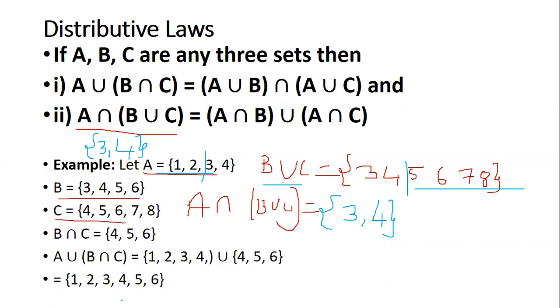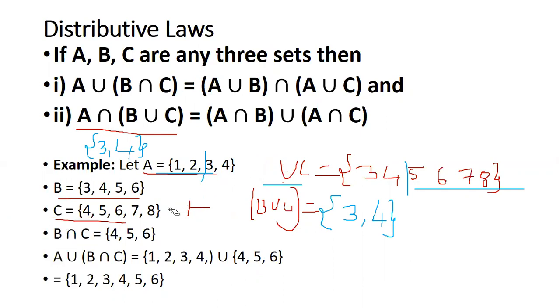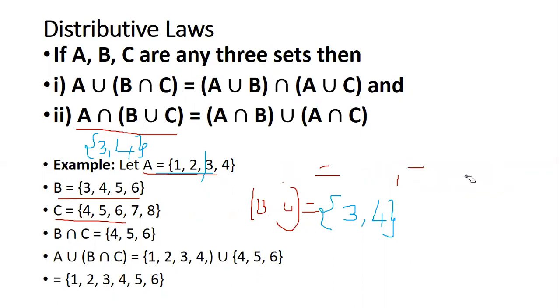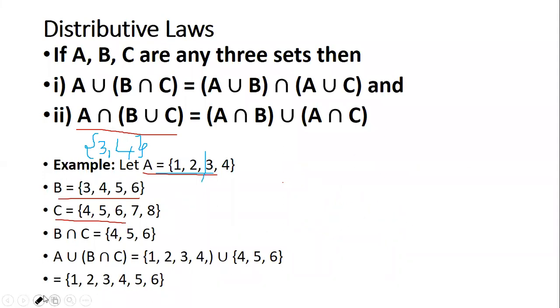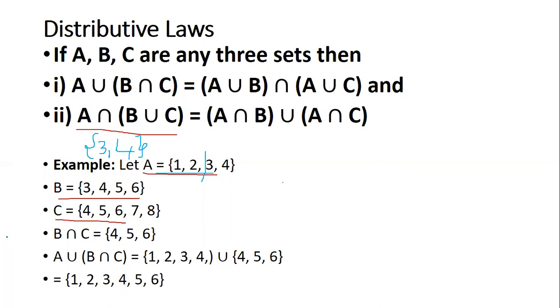Now let us solve the second part of the expression, that is (A intersection B) union (A intersection C). First, what are we supposed to find out in the second expression? A intersection B. Intersection is common elements again.